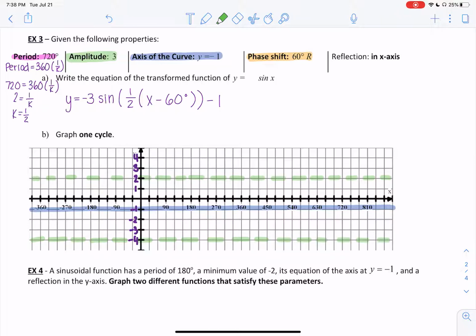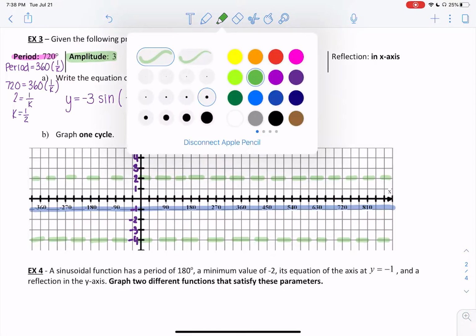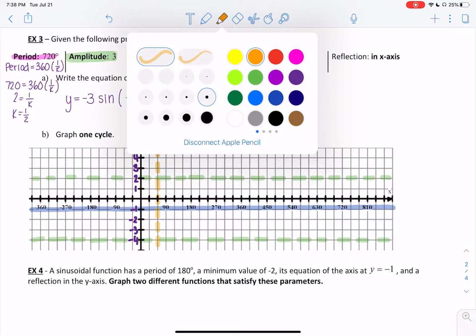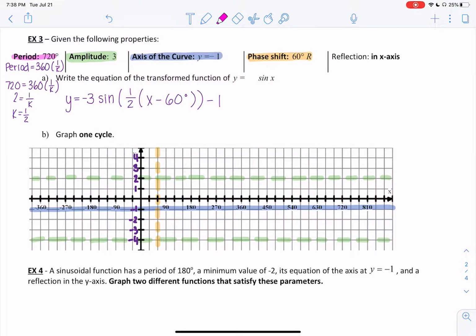Next is our starting point, which is from our phase shift. Because we moved 60 degrees to the right, we are going to put our curve 60 degrees to the right. There we go. And then we are going to look at the period. Because our period is 720, we know that we go from 60 and we go an additional 720.